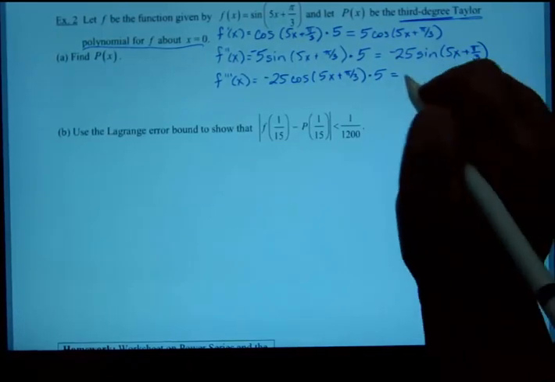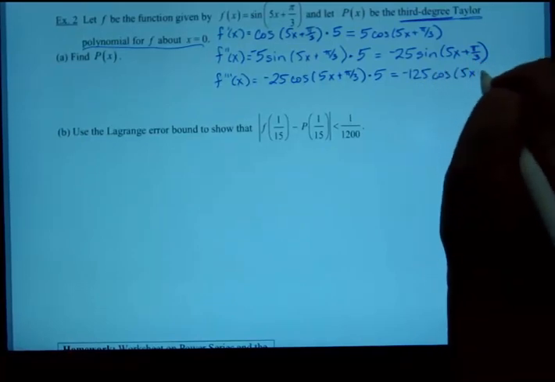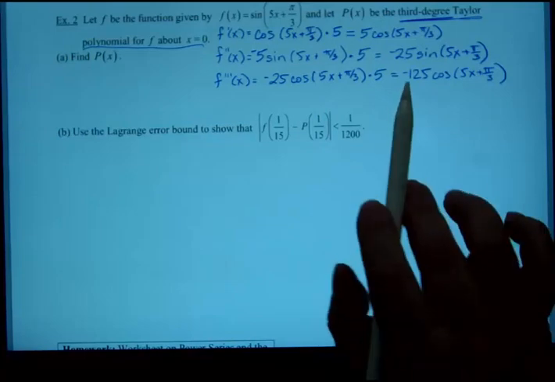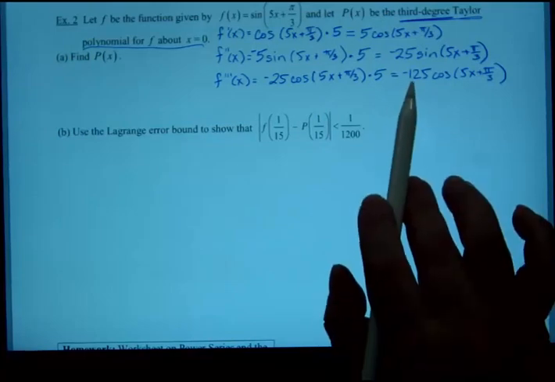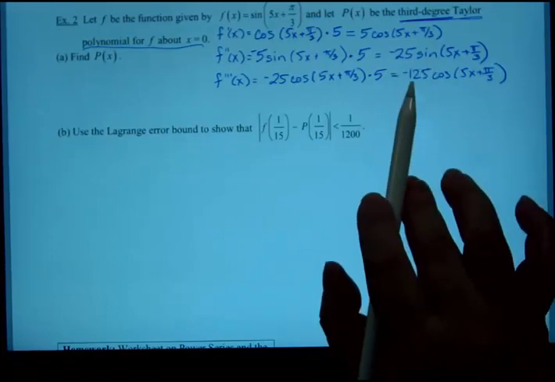Negative 125 cosine 5x plus pi over 3. Close it. The negative is right here. I moved it to the front, so the derivative of negative sine is negative cosine.